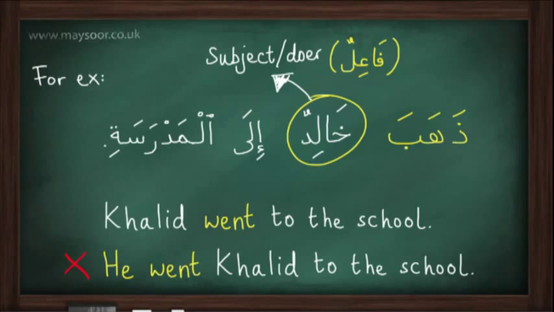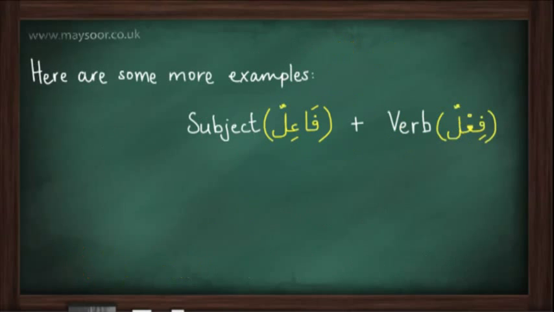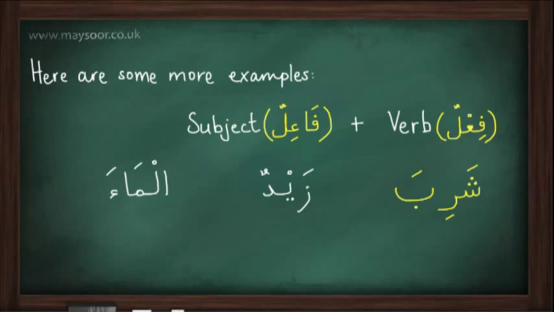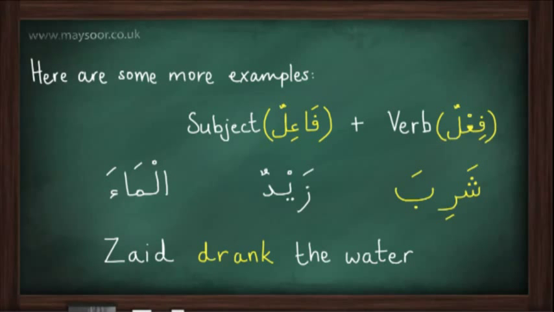And the reason for this, as we've previously mentioned, is the ism Khalid came as the subject of the verbal sentence. Here are some more examples of verbs and their uses in verbal sentences. شرب زيد الماء. Zaid drank the water.